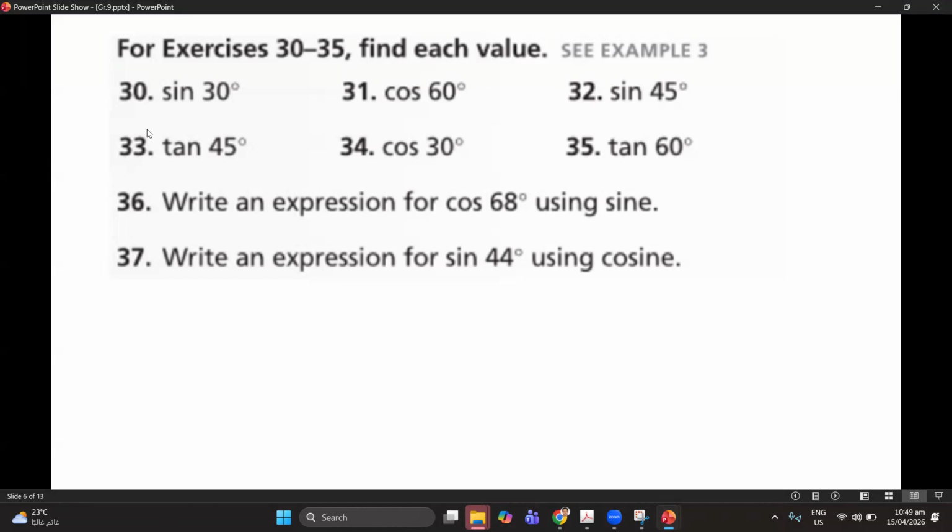Cosine of 60, I mean, what's the value using your calculator? It's 1 over 2. Excellent. Using your calculator. Type cosine of 60. 1 over 2.